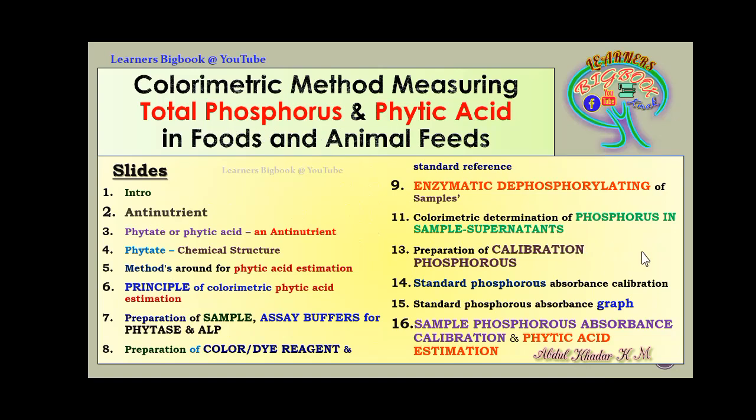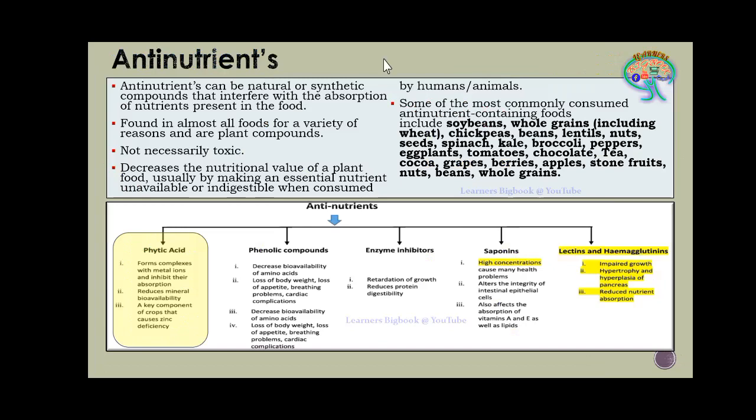Now in the next slide, we are going to discuss the term anti-nutrient. Anti-nutrient is one of the research topics. Researchers are studying a few of the anti-nutrients, which are present in the form of phytic acid, phenolic compounds, enzyme inhibitors, saponins, lectins and hemagglutinin.